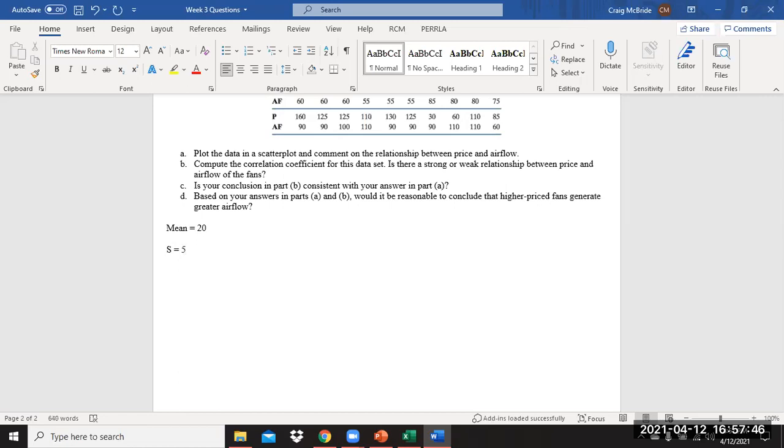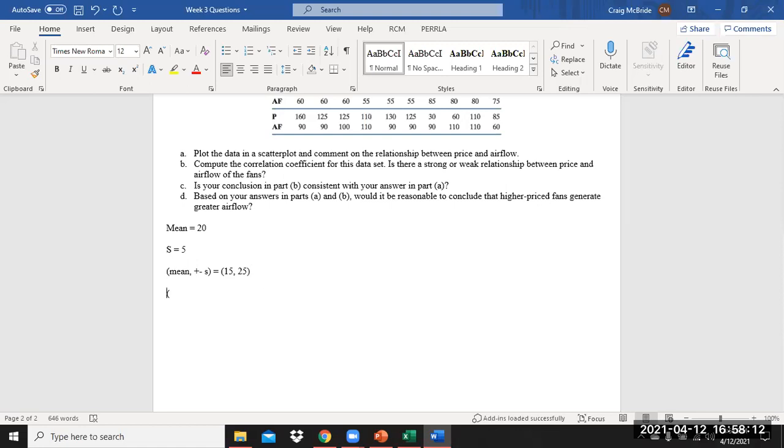Then that first interval, the mean plus or minus S, is just going to be the interval 15, comma, 25, because 20 minus 5 is 15, and 20 plus 5 is 25.